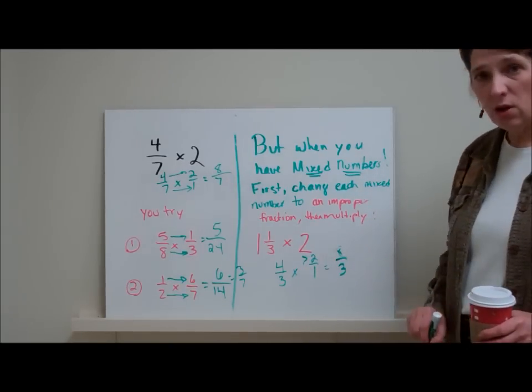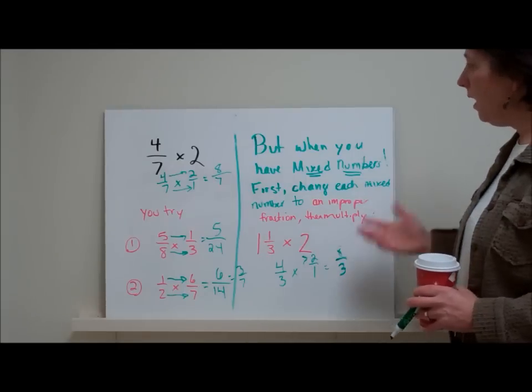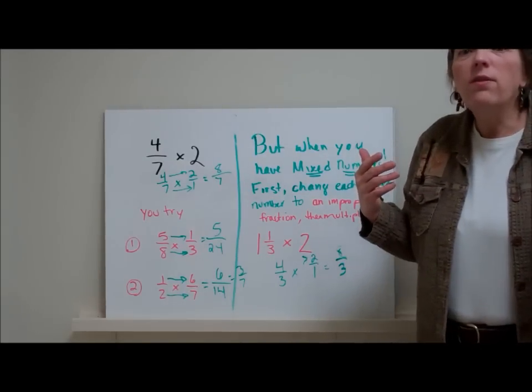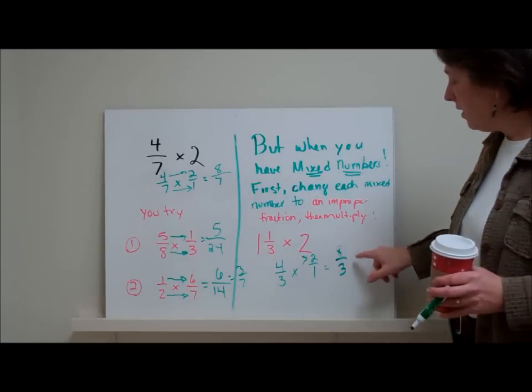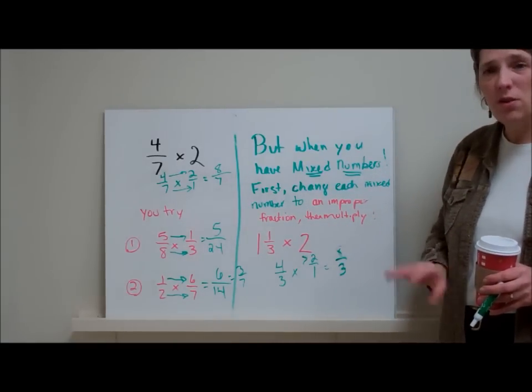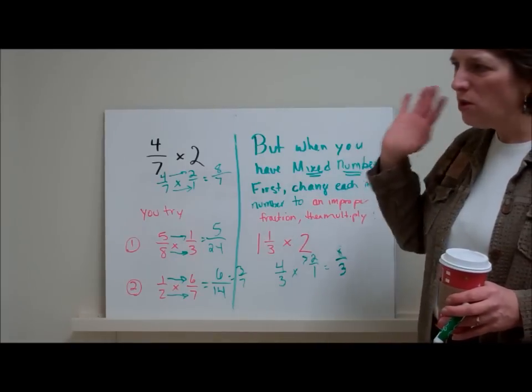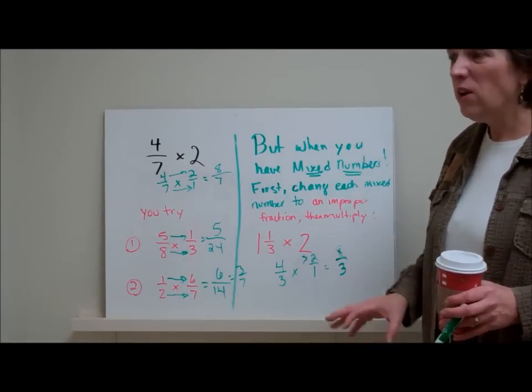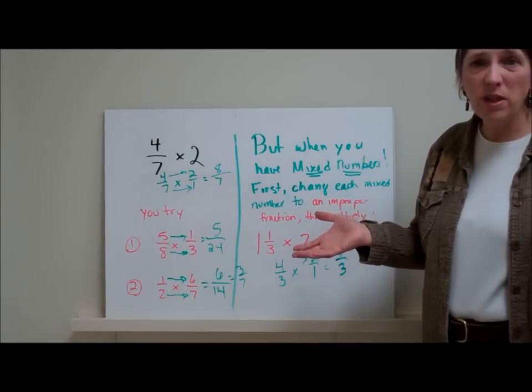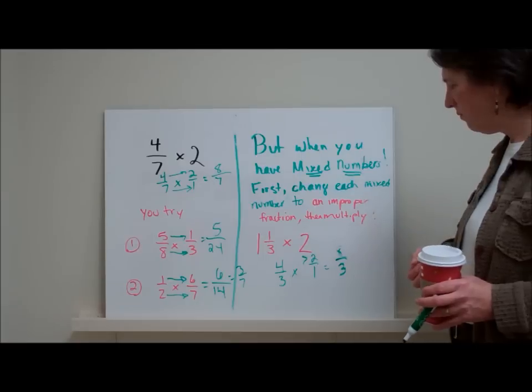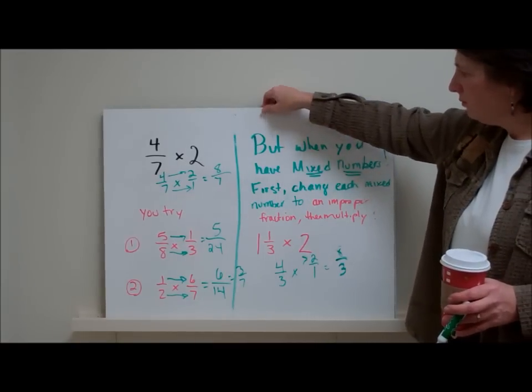So you get 8/3. And again, I'm trying to encourage you to leave it as an improper fraction, 8/3. You don't have to change it to a mixed number. You're in middle school now, and very rarely do you have to change it to a mixed number unless it's a word problem. So let's move on.